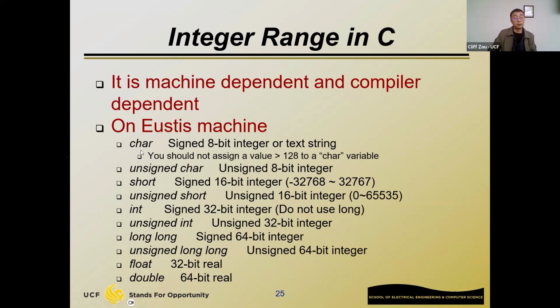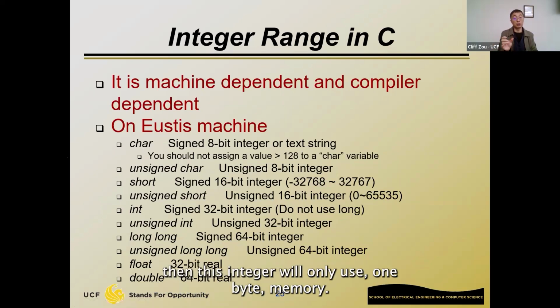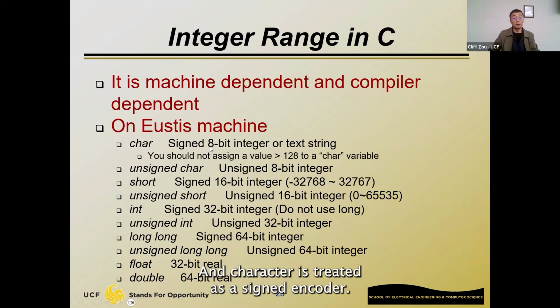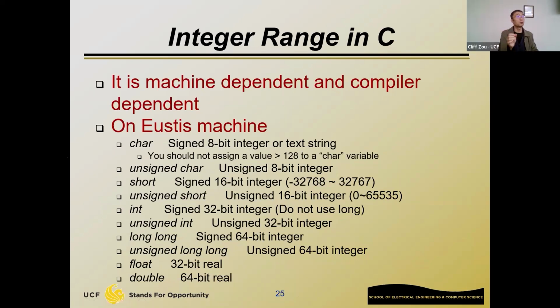When you define an integer as a character, this integer will only use 1 byte of memory, and a character is treated as a signed integer. So a character variable could be negative, could be -10, -20.